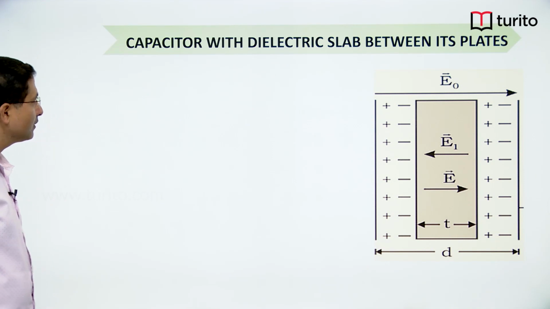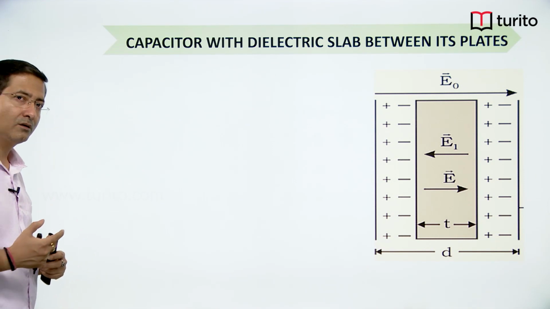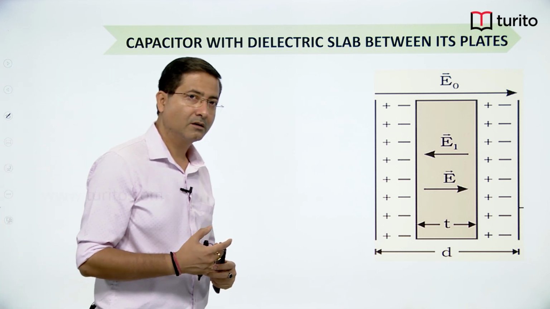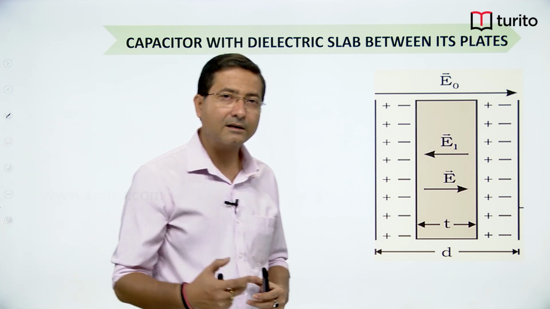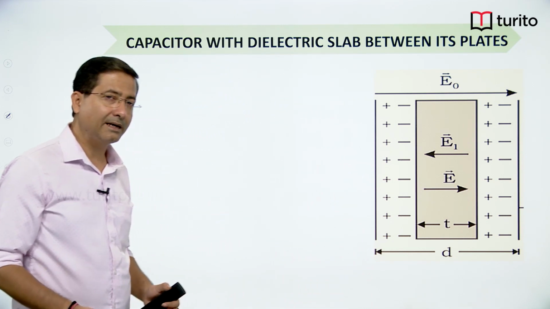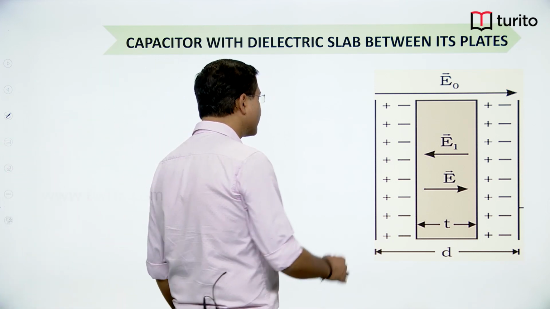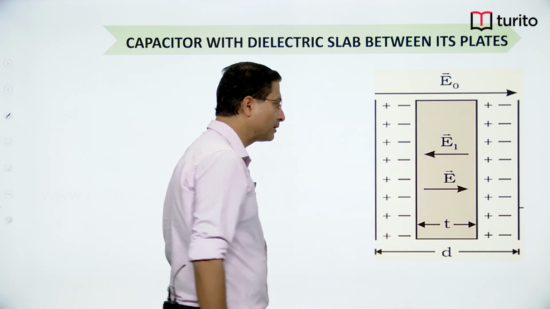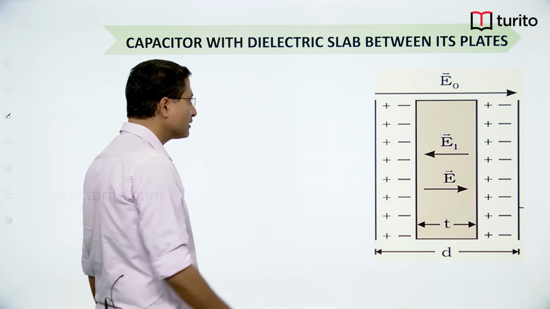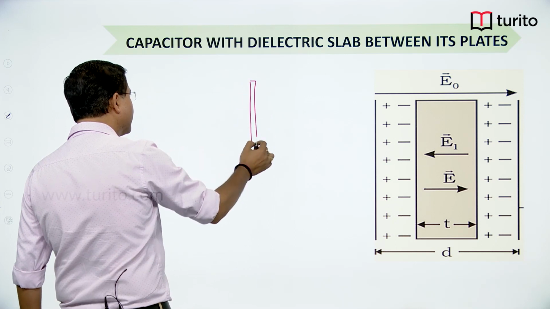Now, we have understood what happens when a dielectric is subjected to an external field, right. Now, let us place that dielectric inside a capacitor and see what effect it will have on the capacitance. So, without any dielectric, we know the capacitance.